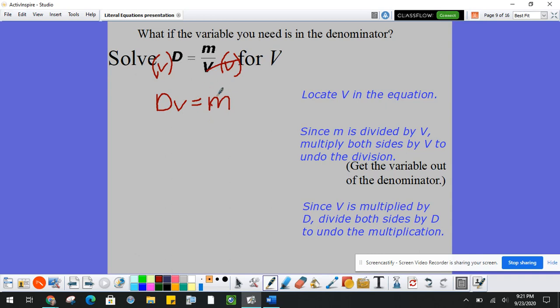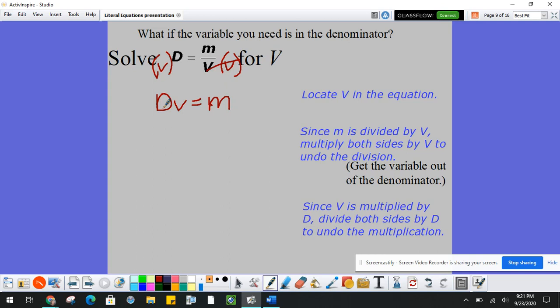Now I have m by itself, but this question didn't ask me to get m by itself. It asked me to get v by itself. Well, I had to get v out of the bottom of the denominator. You can't just leave it sitting there by itself. So I had to get v out of the bottom. Now I say, what's still happening to v? It's being multiplied by d.